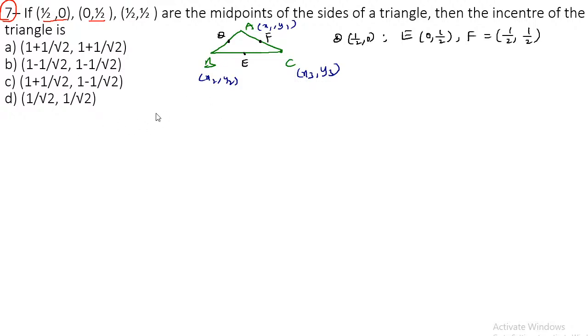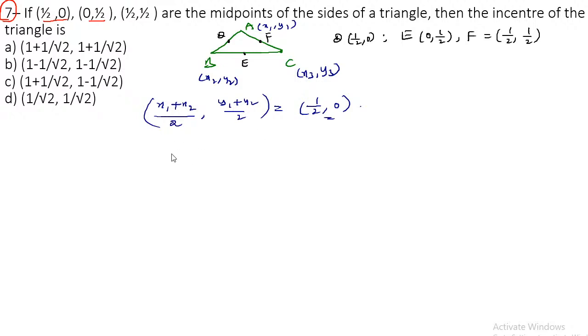So D is (x1 plus x2) by 2 comma (y1 plus y2) by 2, which is equal to 1 by 2 comma 0.